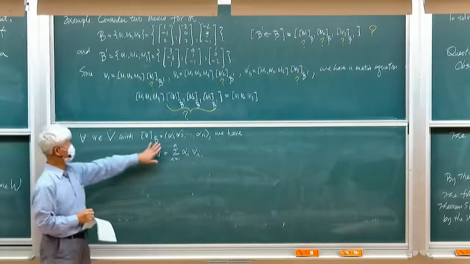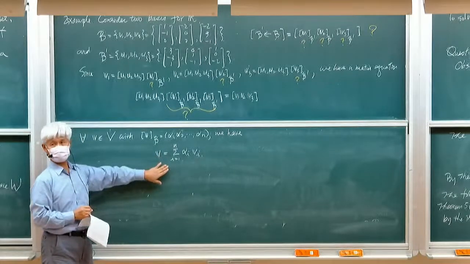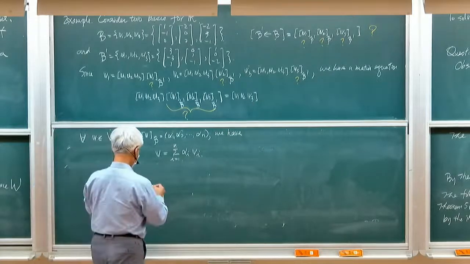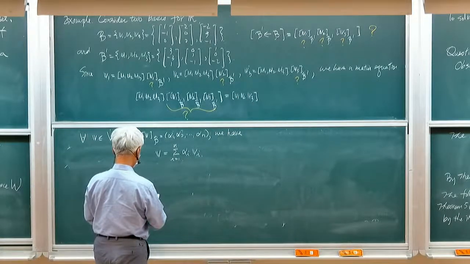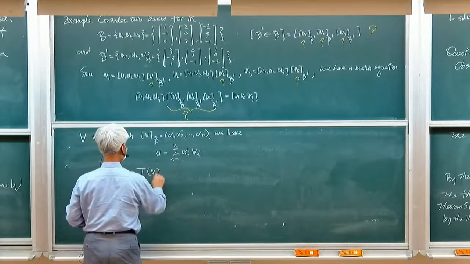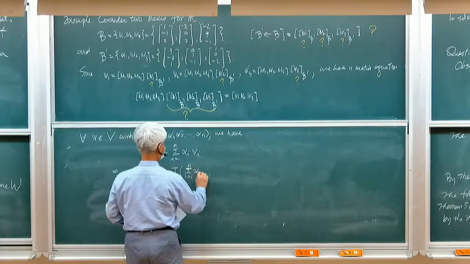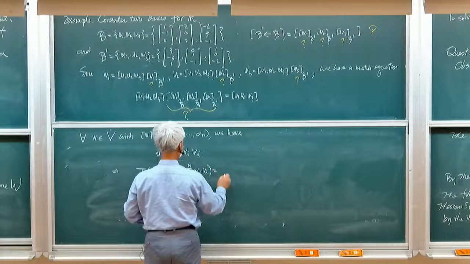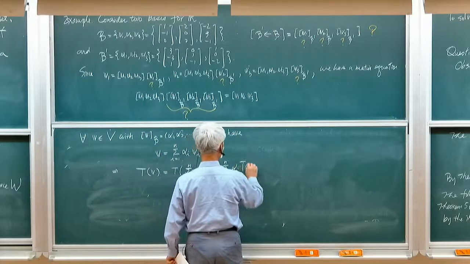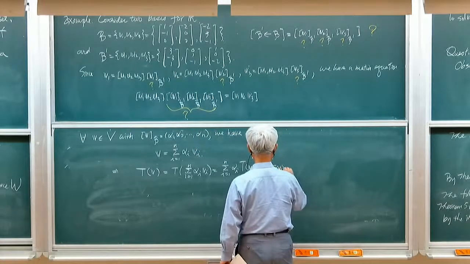Once you know this B coordinate vector, you should be able to write down this equation here. All right, so now we apply the linear transformation T on both sides. And by linearity, we have, and again, we do it many times.